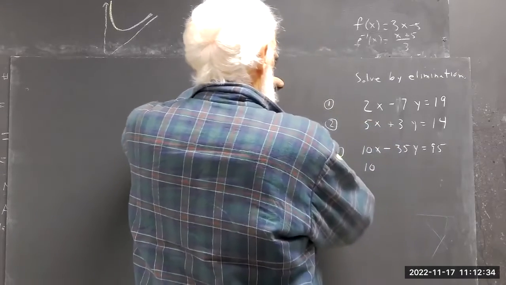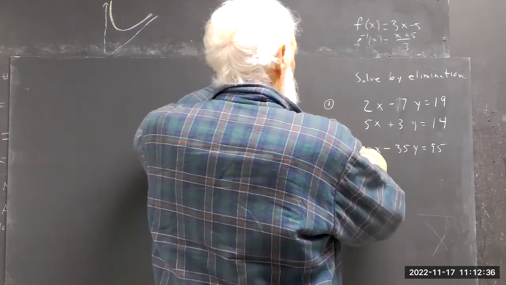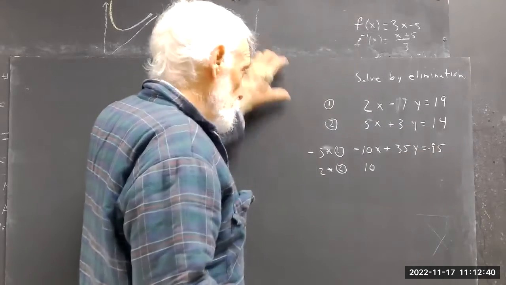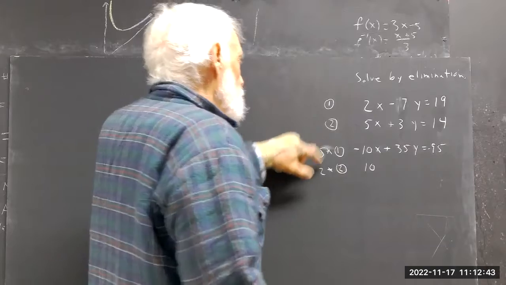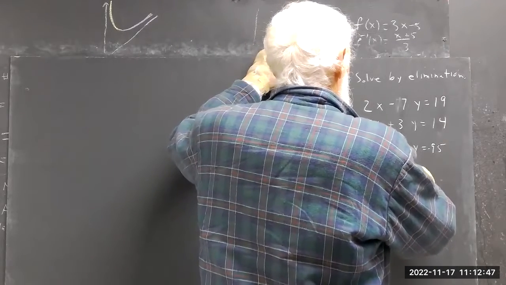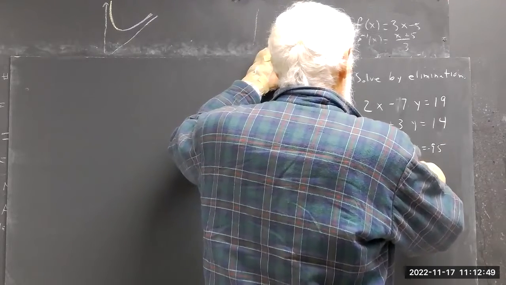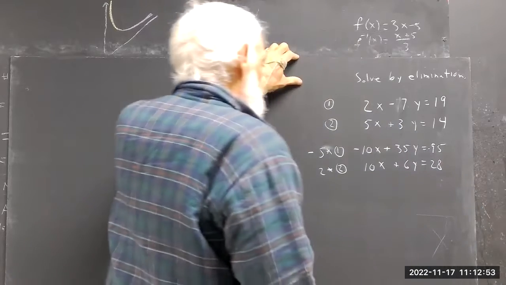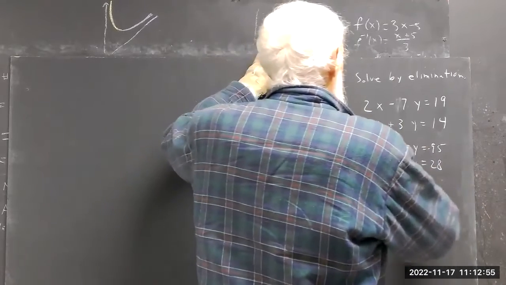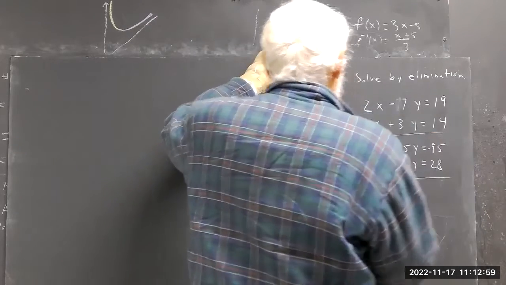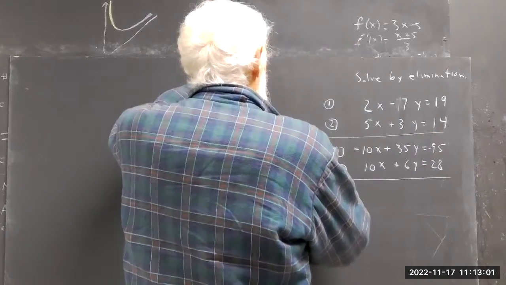I'm going to change that. I'm going to multiply this by -5 to get a minus 10x, which I should have done in the first place. In here, I'm going to multiply the second equation by 2 to get 10x plus 6y equals 28. Then we're going to add the two equations.